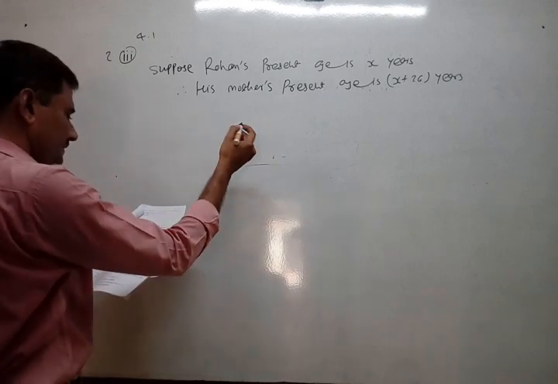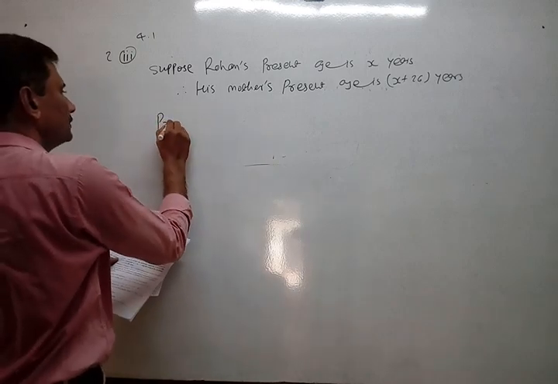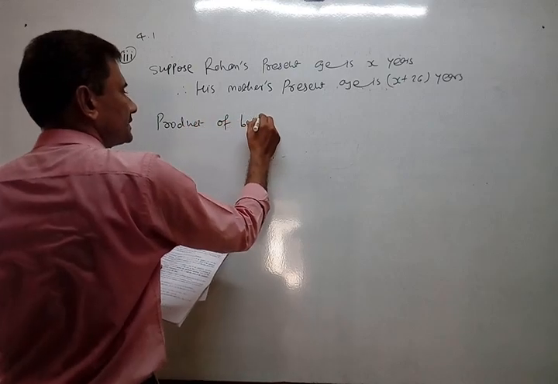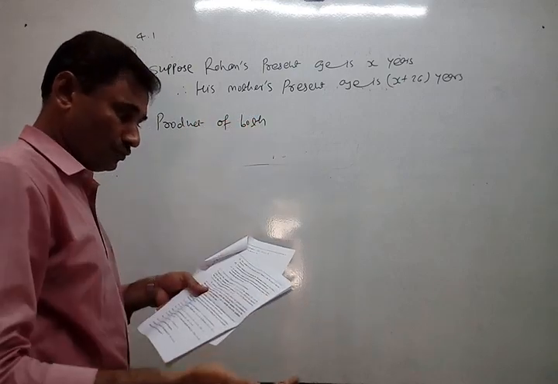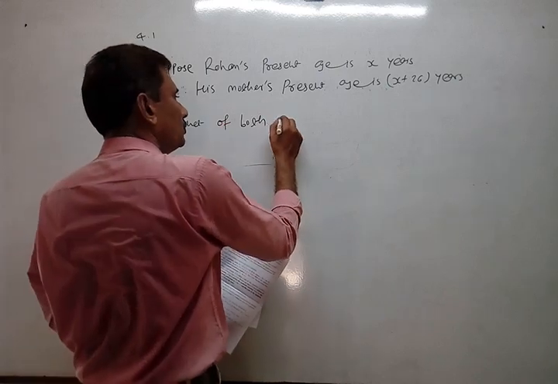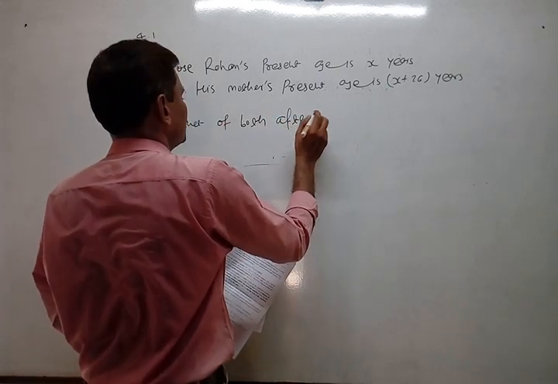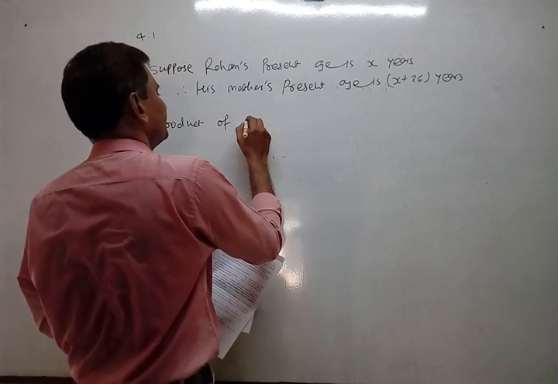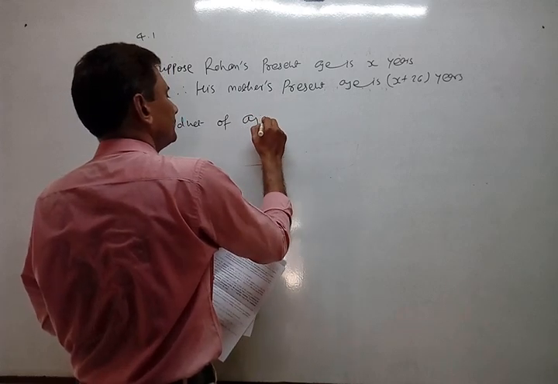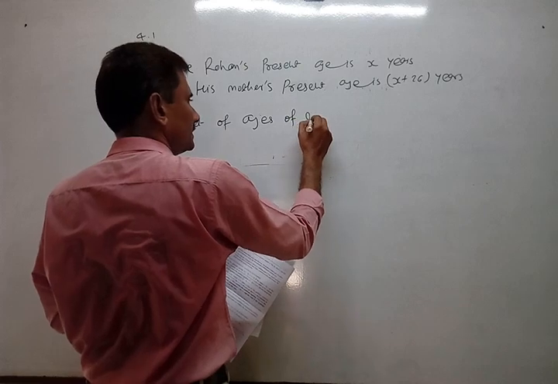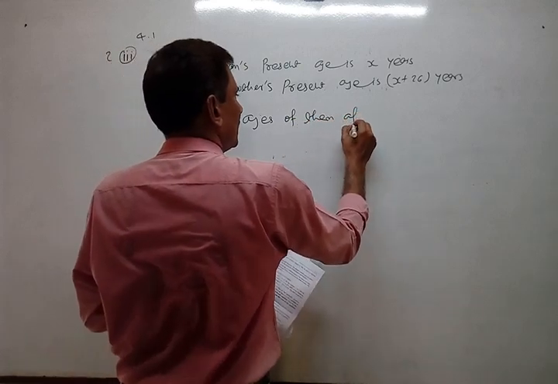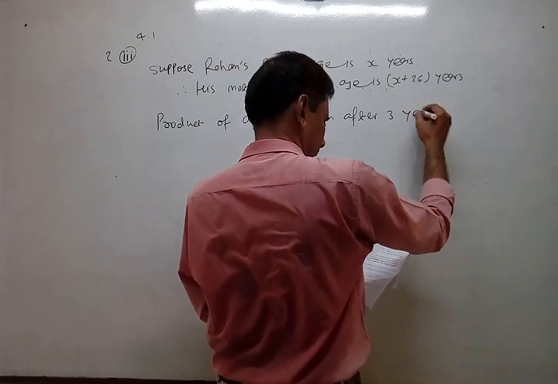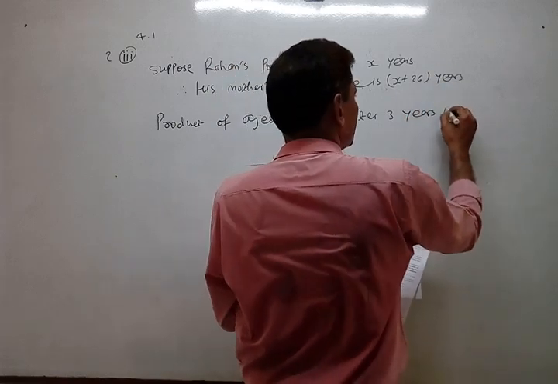So now write the statement only: product of ages of both of them after 3 years will be 360.